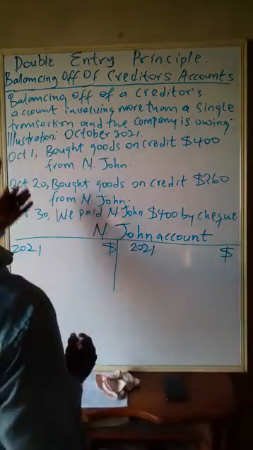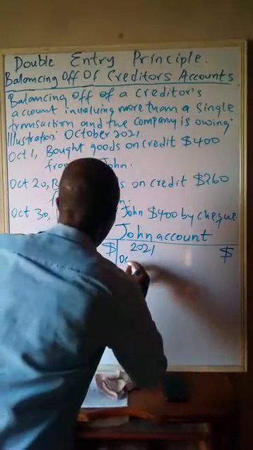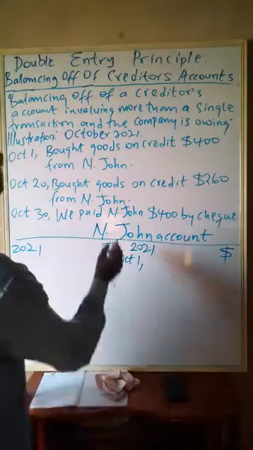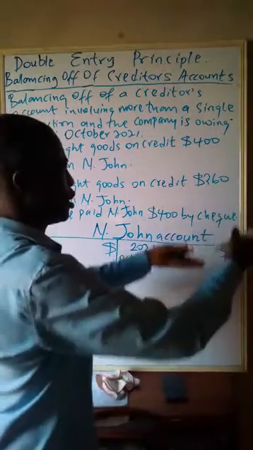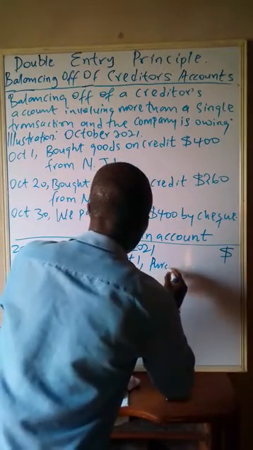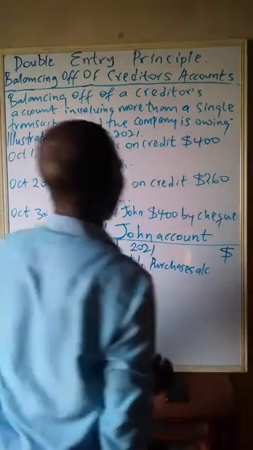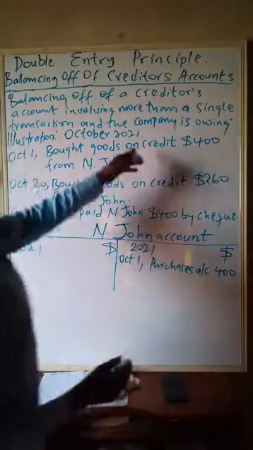What's the first transaction? Bought goods on credit on October 1st. What's the corresponding account? That is the purchases account. How much? $400 on the 1st.